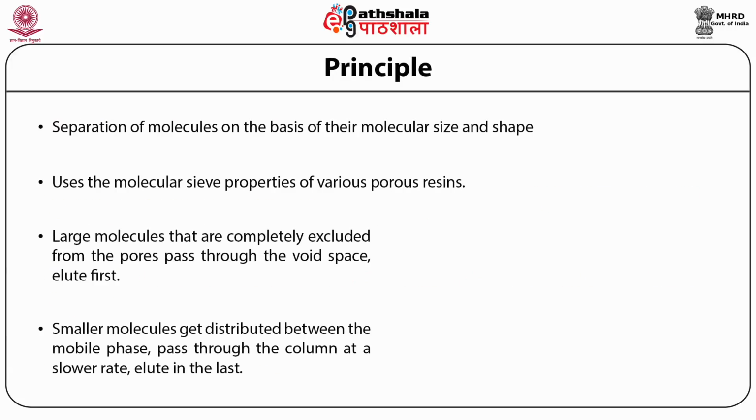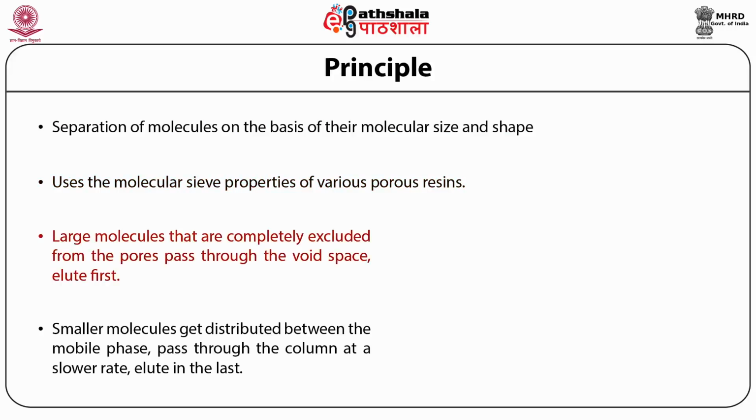What is the principle of gel filtration chromatography? The separation of molecules on the basis of their molecular size and shape is achieved by gel filtration chromatography. It uses the molecular sieve properties of various porous resins.